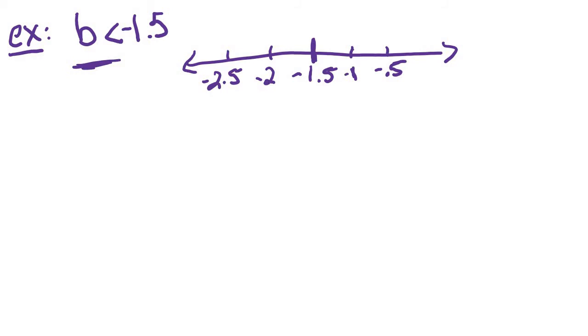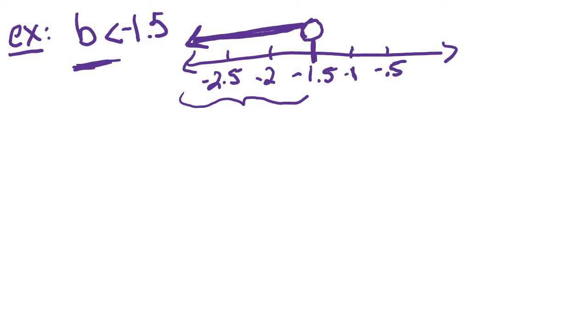It is an open circle, right? Because our little bag is empty. Negative 1.5 is not in there. And we want all the numbers that are less than negative 1.5, so that's all these numbers to the left. So we're going to draw our arrow that way. And that is the graph of our solution.